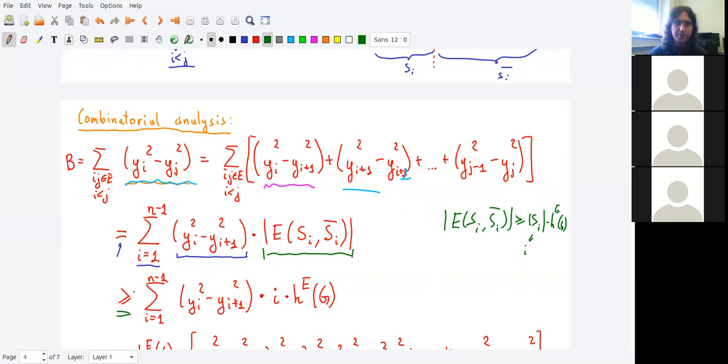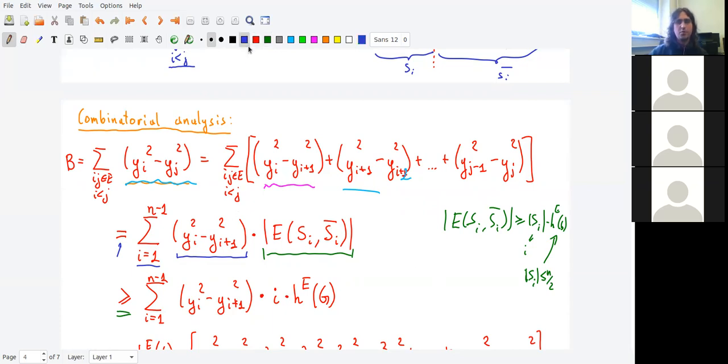You need to be a little bit careful here because in the assumption about edge expansion, we assume that this works for all the sets of size at most n half. But this is fine. Why?